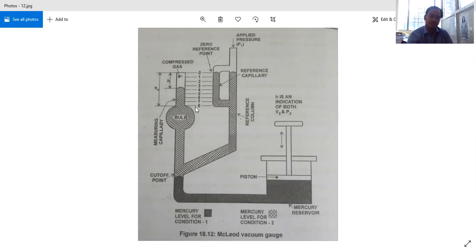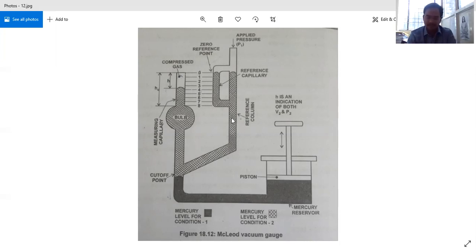There is no need to apply any corrections. It means the errors are quite minimum, because this construction itself minimizes almost all the errors.